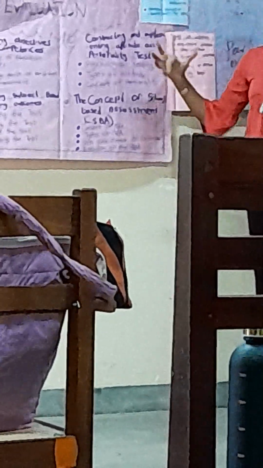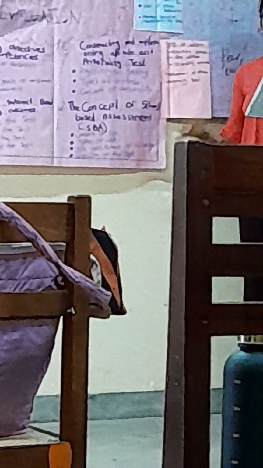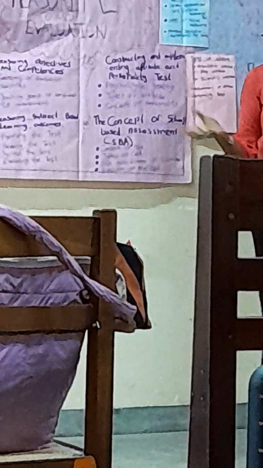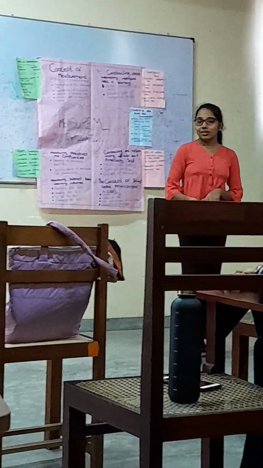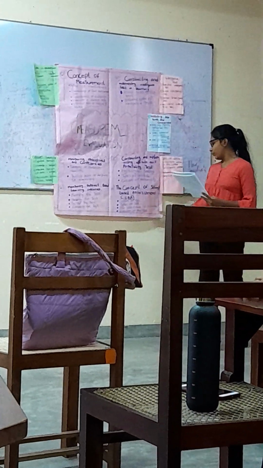And now we are doing a mind map, which is continuous learning, so it's a formative assessment. And performance assessment focuses on evaluating students' ability to apply their knowledge and skills in a real-world situation. So that is the types of SBA.